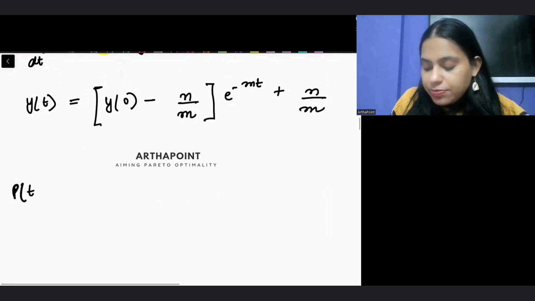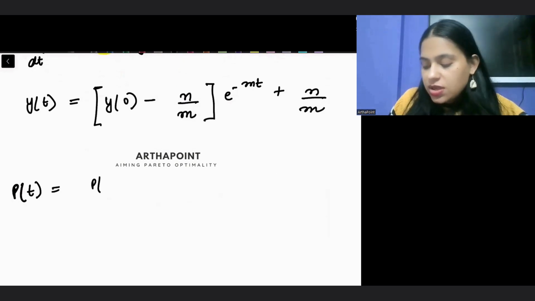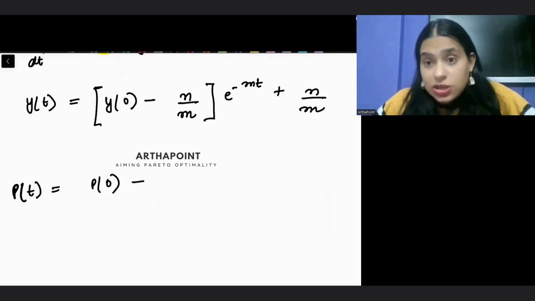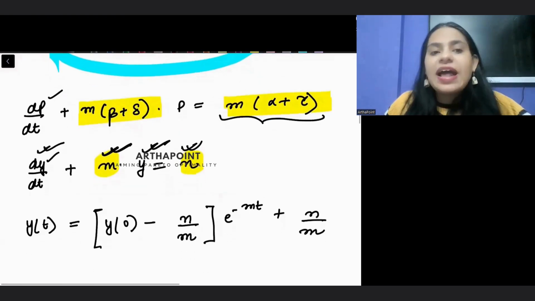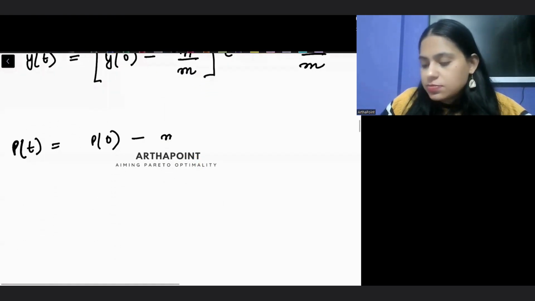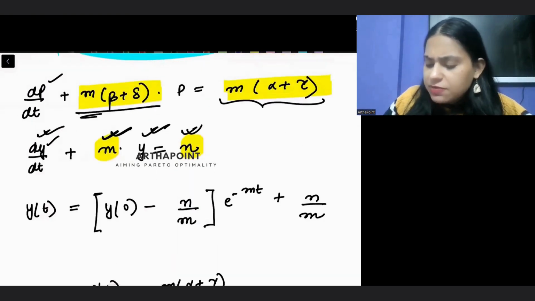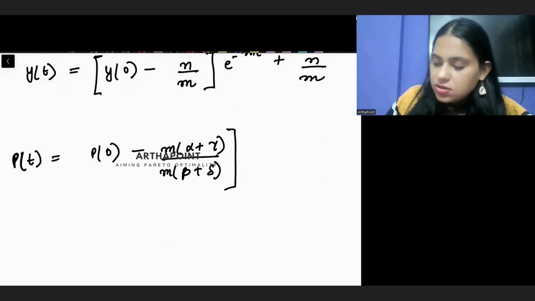So I will get that the price can be written as price in period 0 minus, and I can just put these values. So we can clearly see that my n is this m alpha plus gamma, right? And my m will be this m beta plus delta, right?